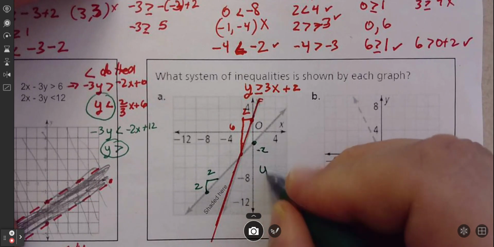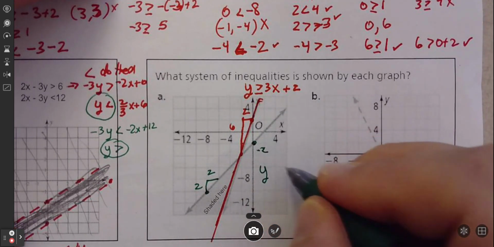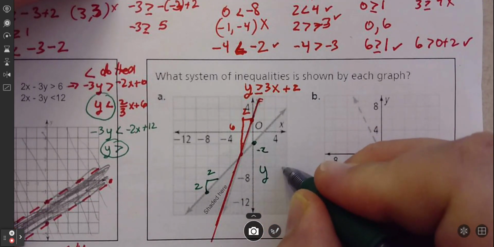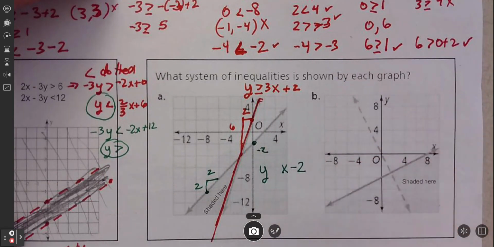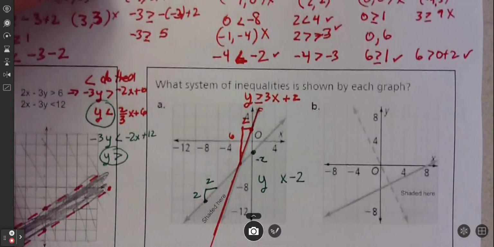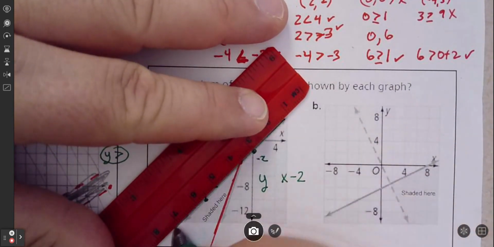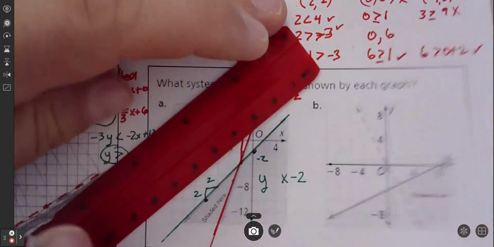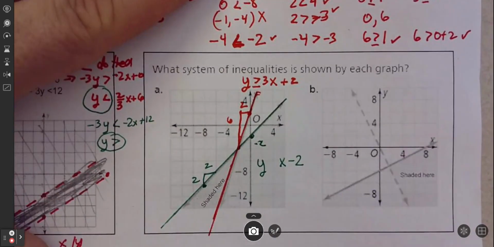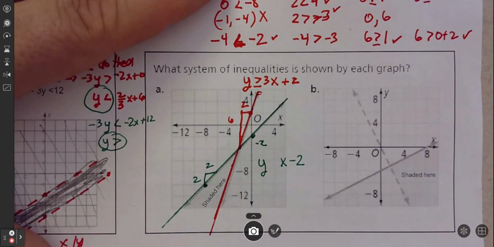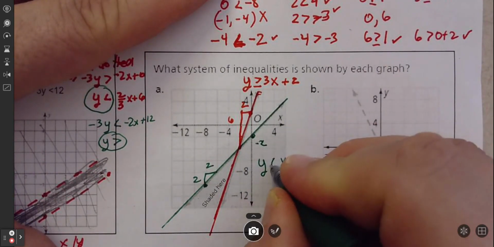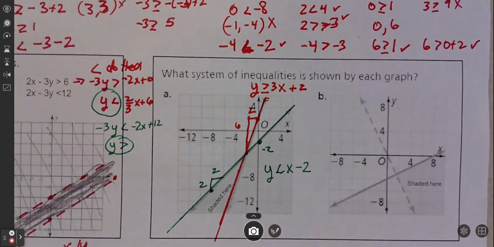So that's y is 1x minus 2. And if I look at this line, it's a solid line, and the shading is under. So what do I say for under? Less than. Do you agree that that method is definitely easier than figuring out which ordered pairs work?